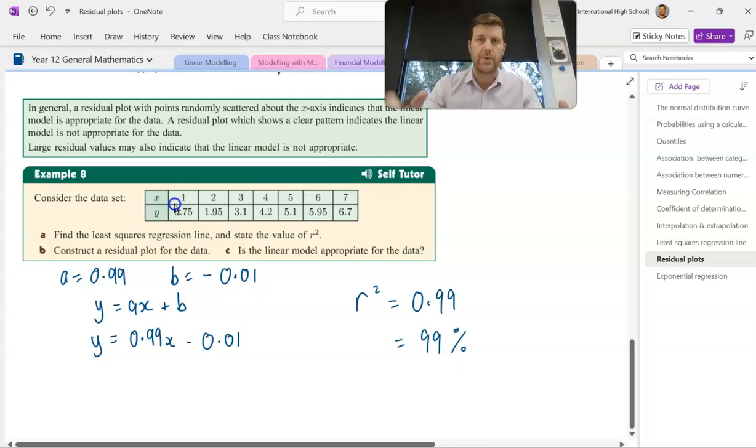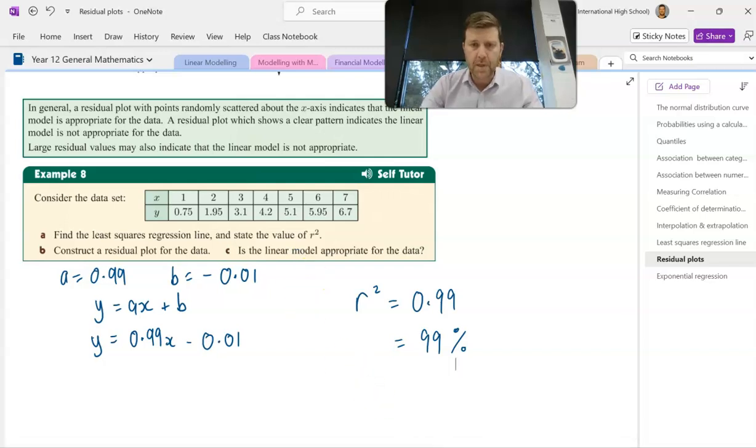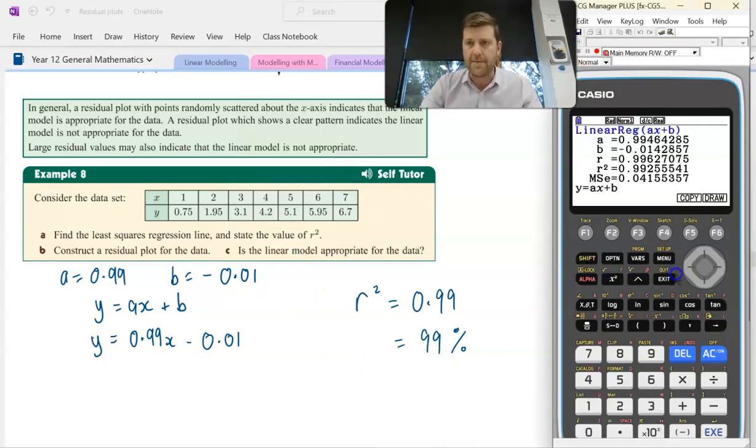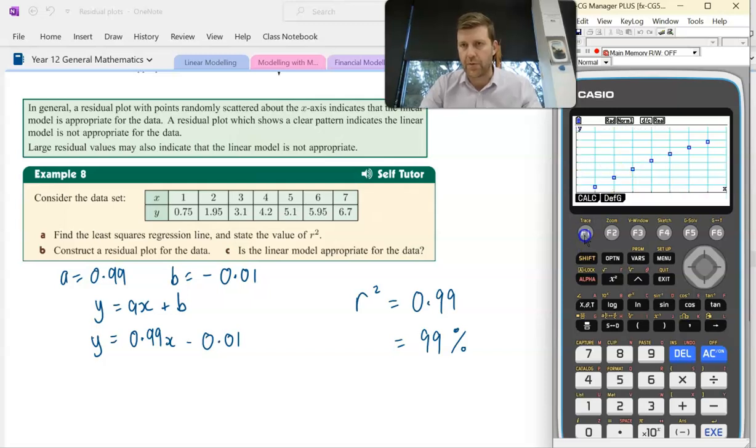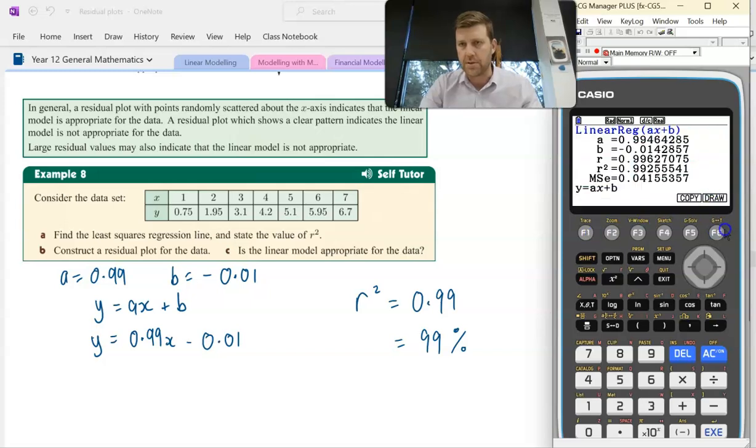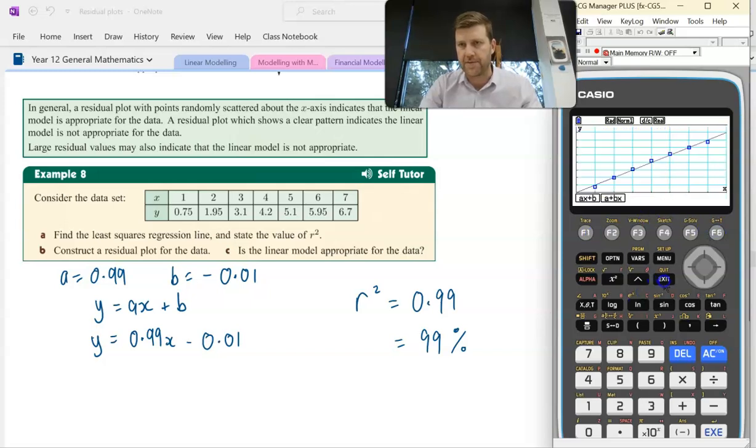However, this is where we then need to throw that into a residual plot and actually see if there is a pattern that suggests it might not be appropriate for linear modeling. Once I have drawn my scatter plot, it's important that you throw that least squares regression line through it, so then it will calculate those values for you.